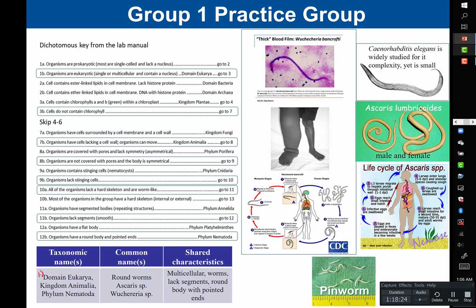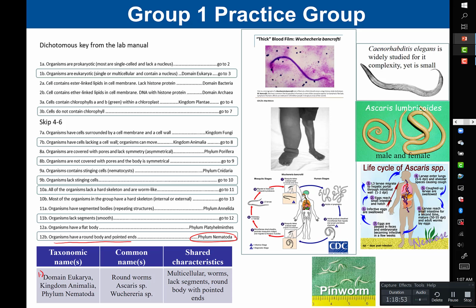Shared characteristic. Multicellular, right? These exist as more than one cell. They are worms. They lack segments, and they have a round body with pointed ends. A good rule of thumb: whatever got you to your classification is definitely what you want to have in your shared characteristic, because that is the shared characteristic that helps you to classify that organism.